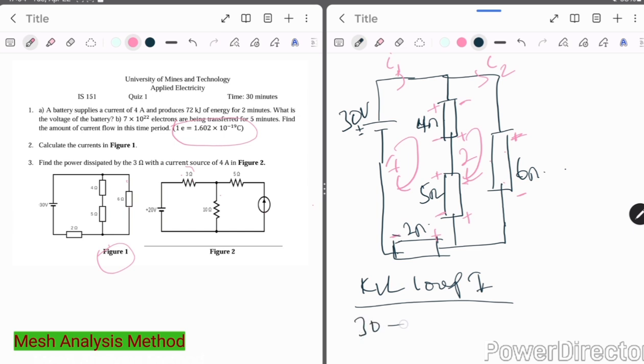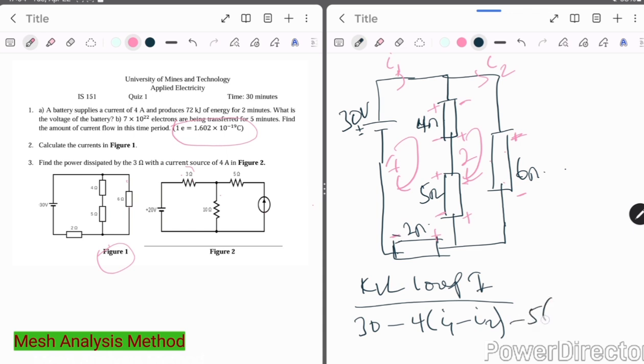So 30 minus. It's plus to minus, a drop, so I have minus. But because you can see I2 is also going through the 4 ohm resistor, we take the difference. So we get 4 times (I1 minus I2), because we are in loop 1, so I1 is the dominant loop minus the less dominant, or non-dominant, loop.